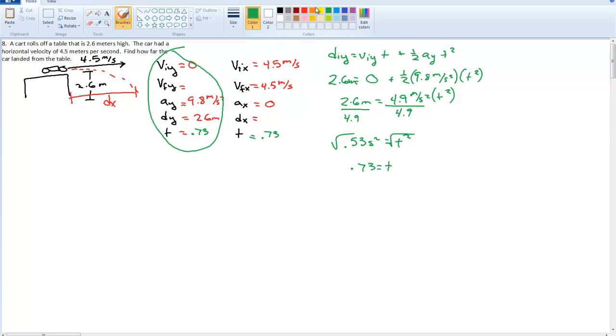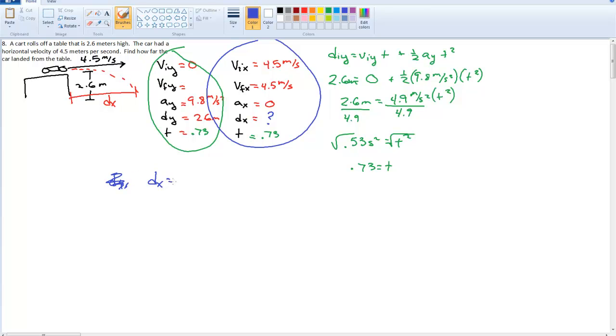And now I can, let's use this purple color, now I can use these numbers and solve for dx. So I'm going to set up an equation again. This should just be dx.